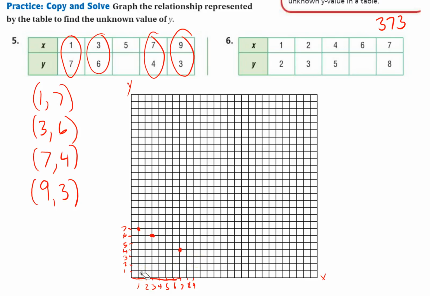Okay, next I run to 9. And then, oh, whoops, I passed 9. Run to 9. And then rise 3. So my next point's going to go there. Okay, then I can use my ruler now to check out this relationship.